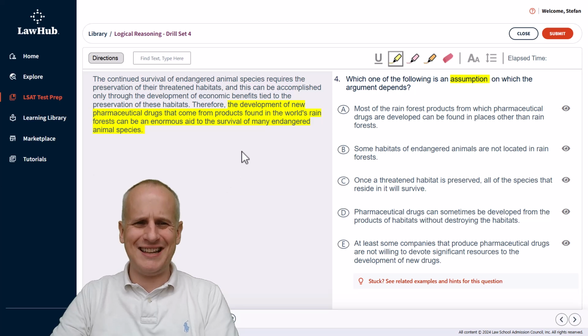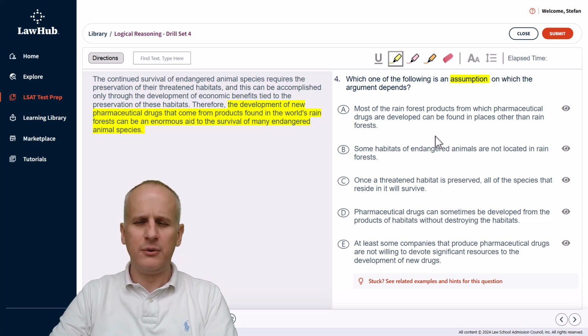So, what is necessary as an assumption for this, and I think is a relatively predictable one, is that we're not actually going to harm the rainforest when we are harvesting these products in the rainforests that are used in developing new pharmaceutical drugs. So we have that mental prediction as we go to our answer choices with the highlight tool ready to go of we need to make sure that the rainforest stays safe enough to actually allow it to remain a habitat for these endangered animal species.